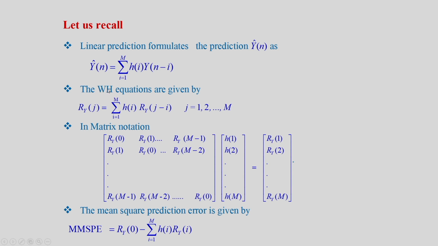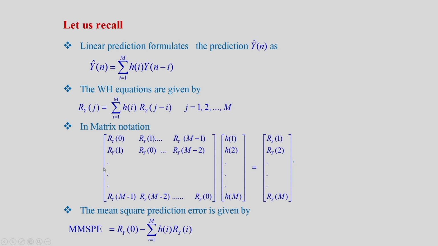Corresponding Wiener-Hopf equations are given by R_y(j) equal to summation h_i R_y(j-i), i going from 1 to m, and there are m equations corresponding to j equal to 1 to m. In matrix notation, the Wiener-Hopf equations are given by this relationship.